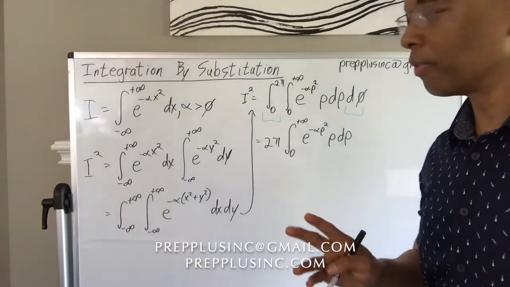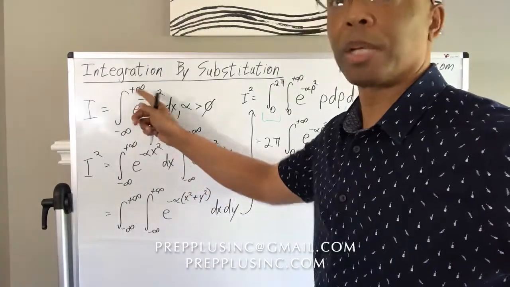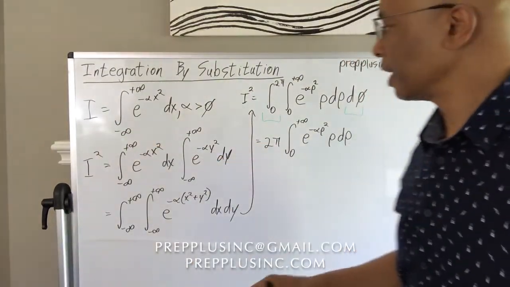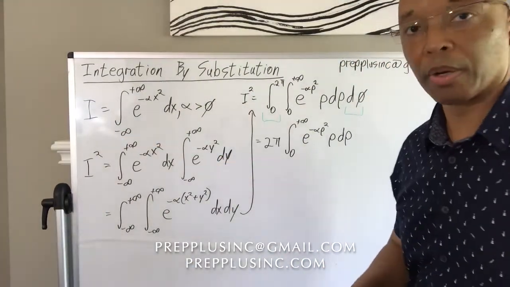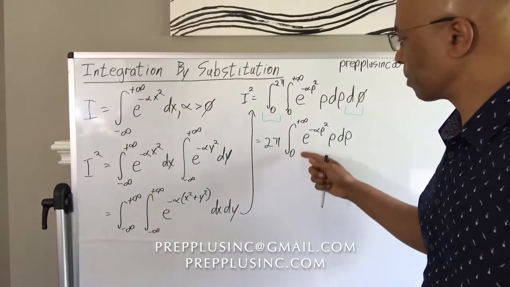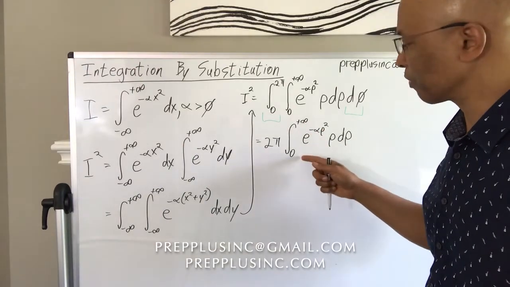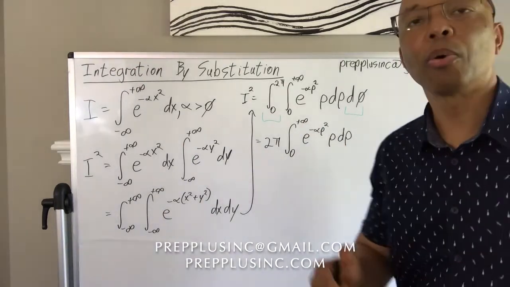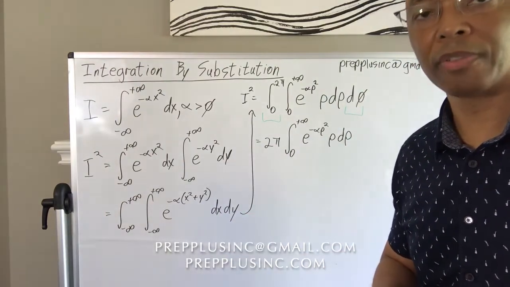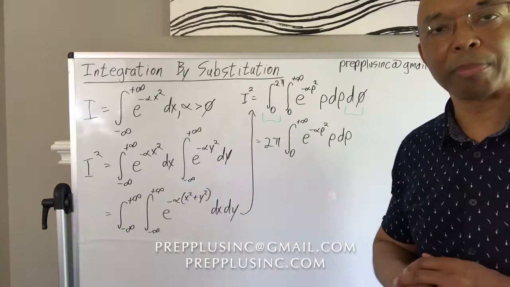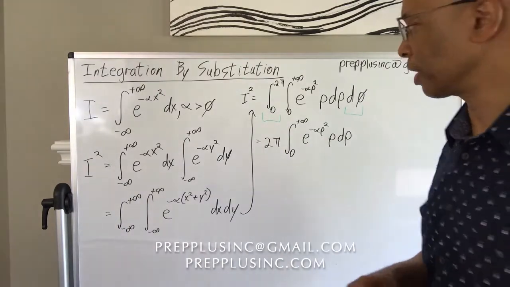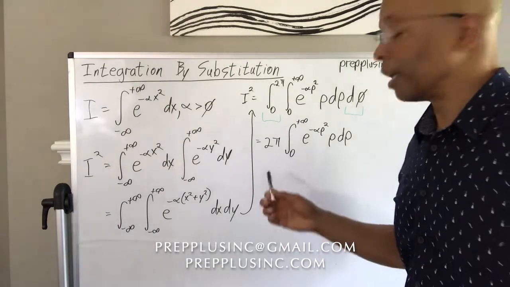We started off with an integral from minus infinity to plus infinity, called the integral I. Now we have an integral for I squared that's from 0 to plus infinity. So at least we've cut the domain of integration in half. That seems like a good thing. It's certainly reducing the complexity of the problem. So let's keep going.